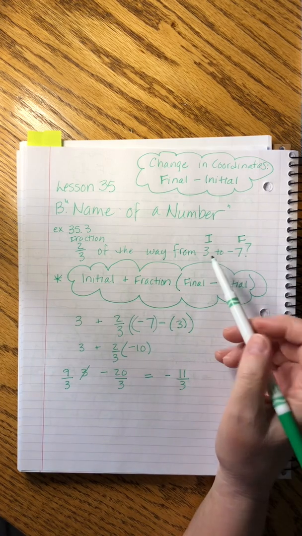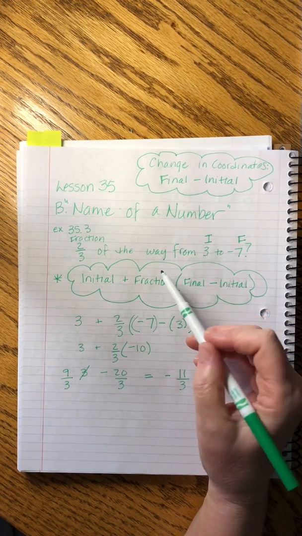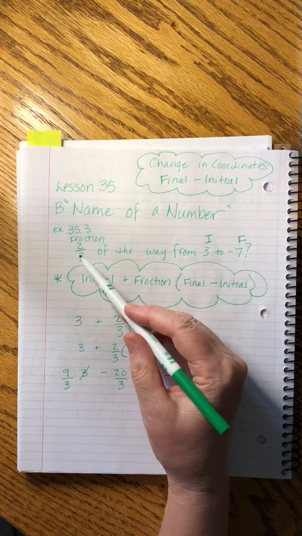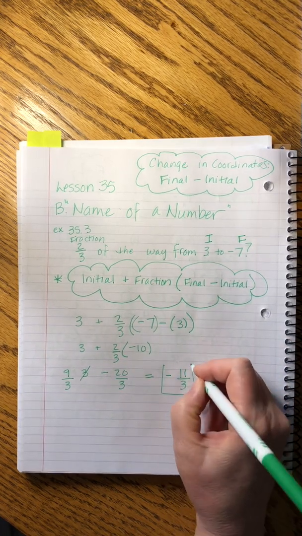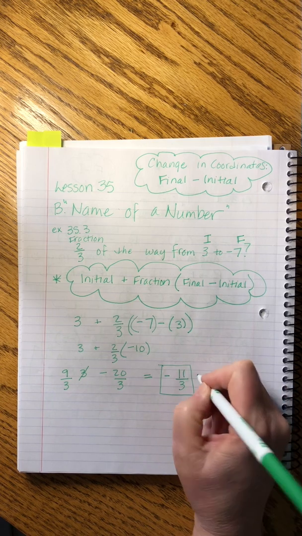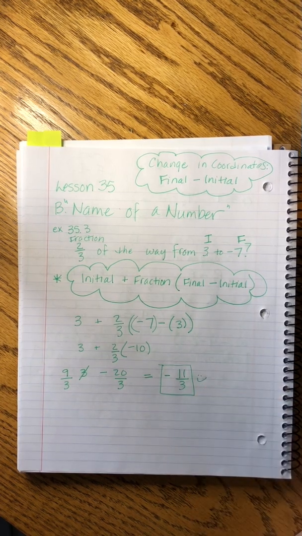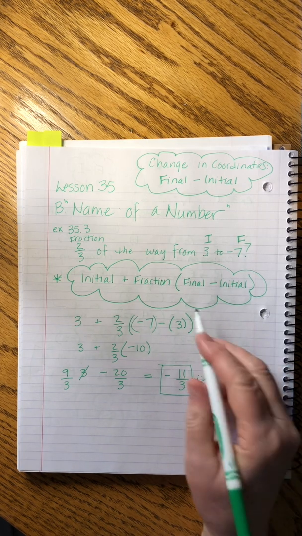So if we're measuring the distance from 3 to -7 and we want to go 2/3 of that distance, the place where we'll end up is -11/3, which is almost -4. Okay? Again, John draws a diagram that I think makes it super confusing. I don't recommend it. But this formula does the job.